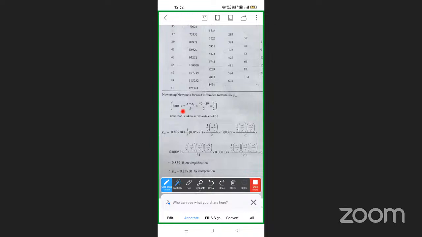U is equal to x minus x naught by h. X is equal to 40 is given; find y40. So x is 40, x naught is 39 starting, and h is equal to 2. That is, u is 1 by 2.